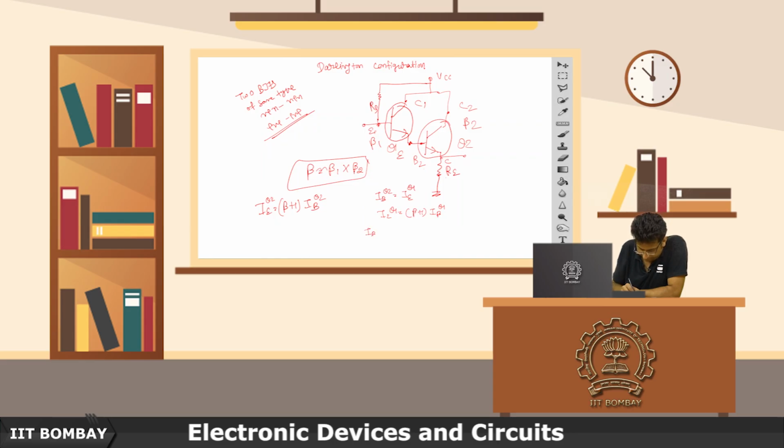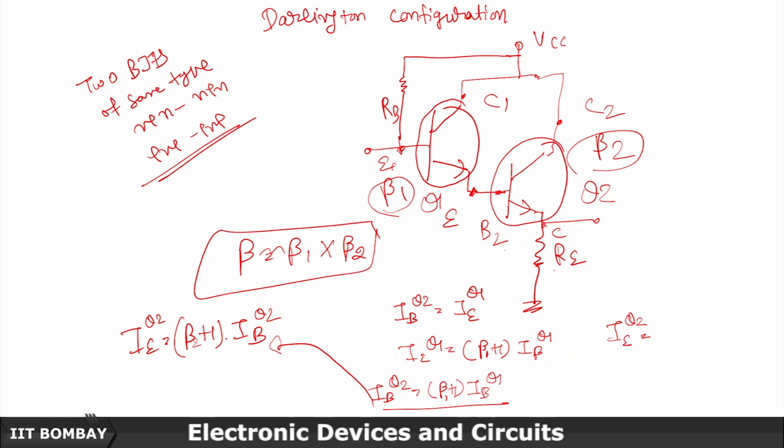So IB of transistor 2 is equal to beta plus 1 times IB of transistor 1. Replacing this in the equation, IE of transistor 2, with the betas being different, beta 1 and beta 2, becomes beta 1 plus 1 times beta 2 plus 1 times IB of Q1, or approximately beta 1 beta 2 IB of Q1. So the equivalent beta is beta 1 into beta 2.